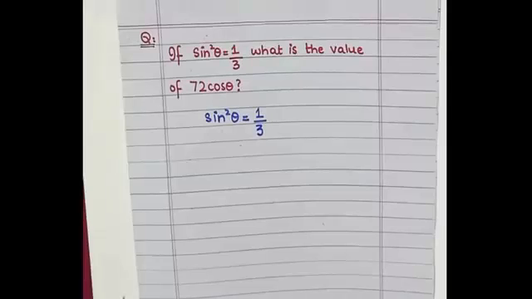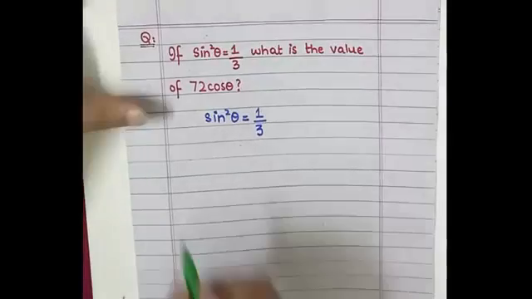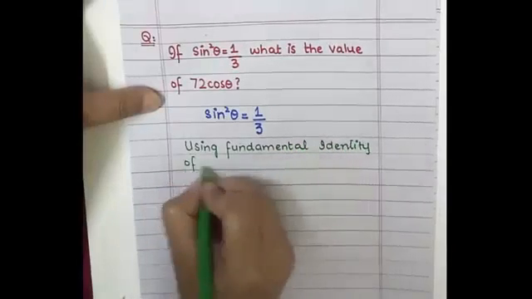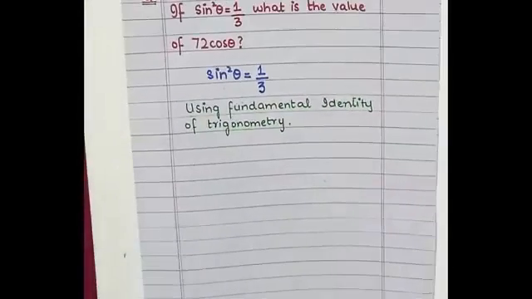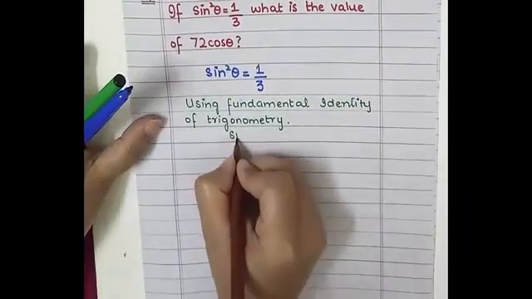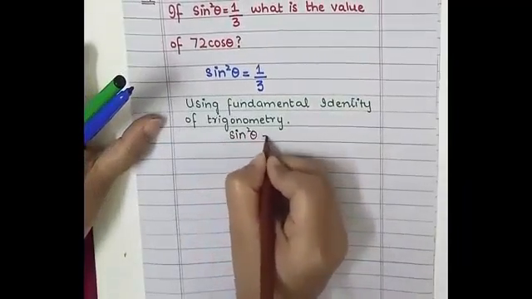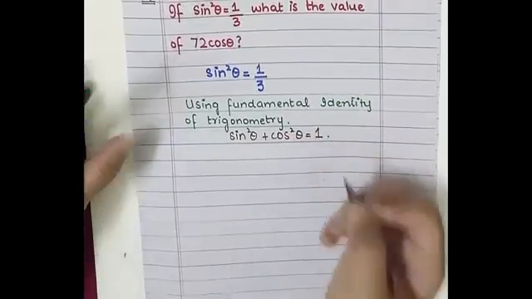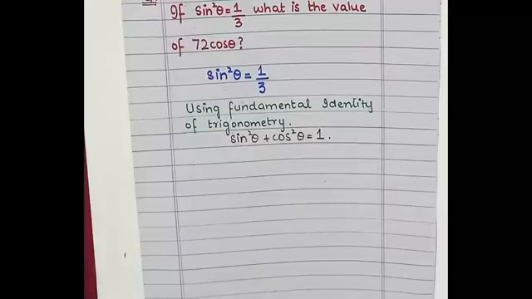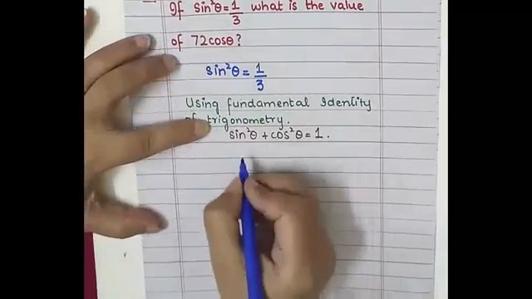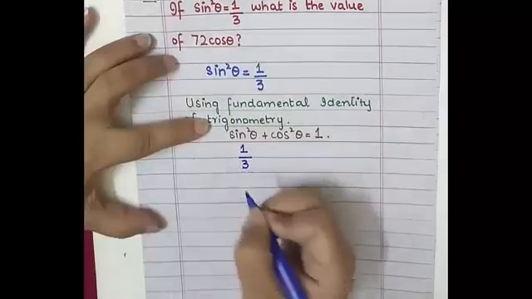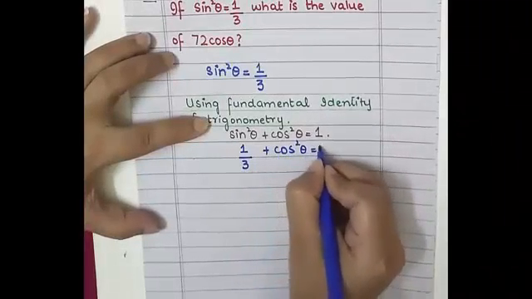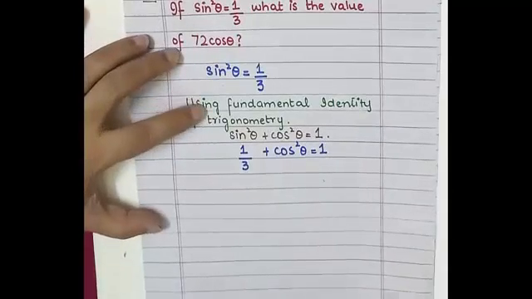Using the fundamental identity of trigonometry, sin square theta plus cos square theta is equal to 1. So putting the value, 1 over 3 plus cos square theta is equal to 1.